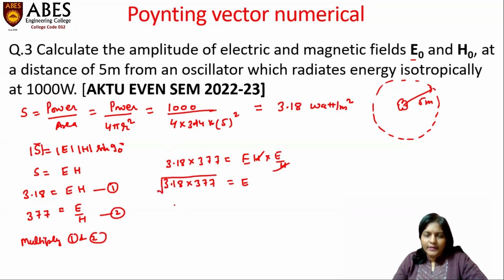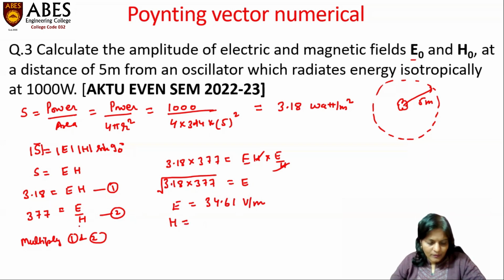It gives E is equal to 34.61 volt per meter. And by putting the value of E in equation number 1, H is 3.18 divided by 34.61. It is 0.091 ampere per meter.